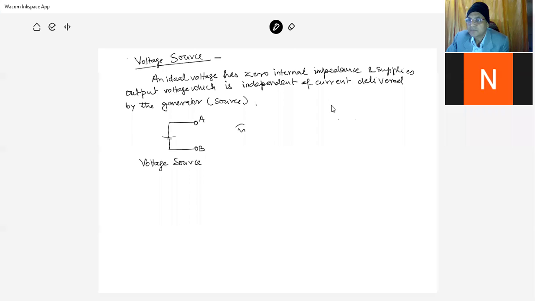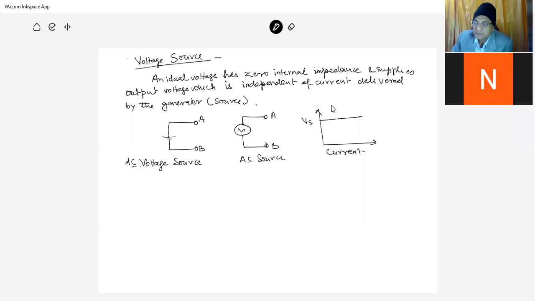this can be expressed as AC source, here it was DC source, and the VI characteristic is something like this, the current here, and here it is VS, voltage, that is voltage is constant.